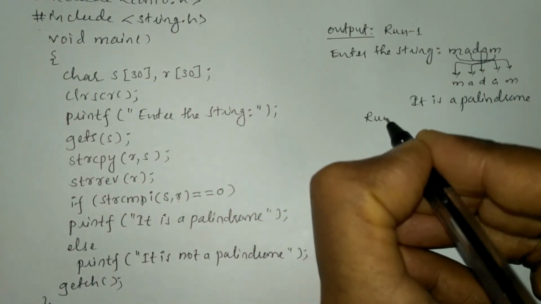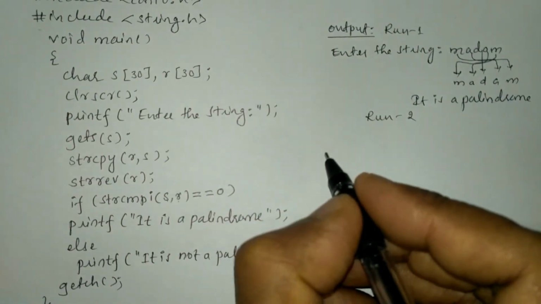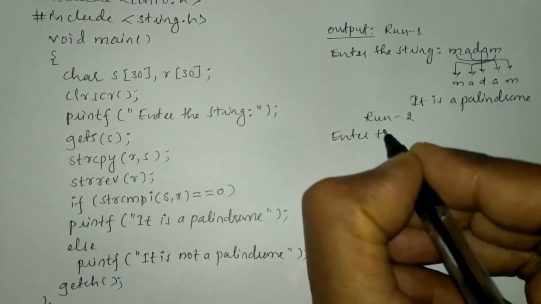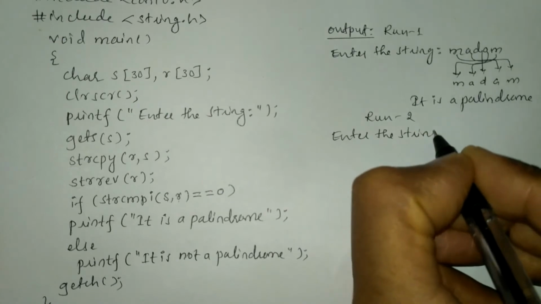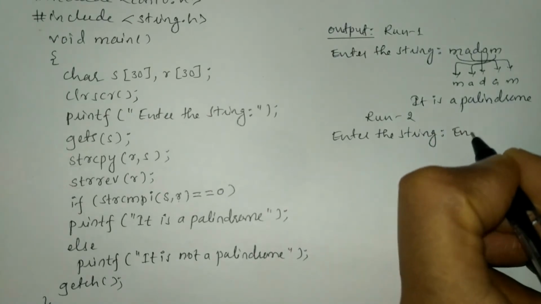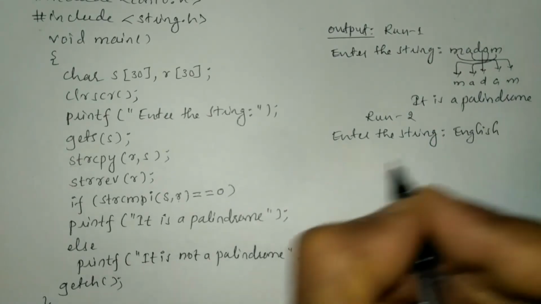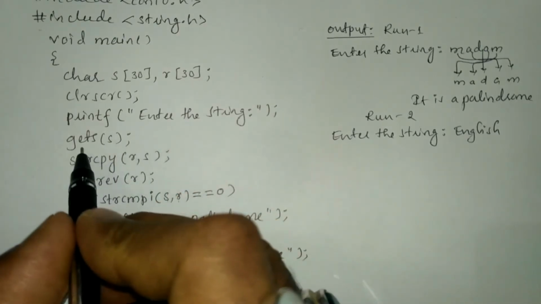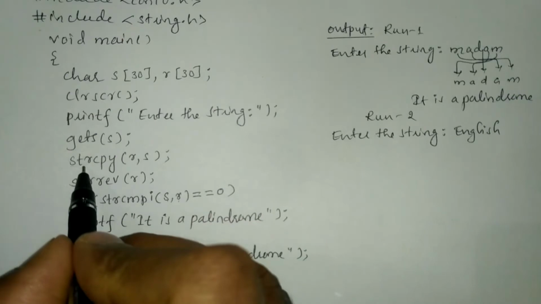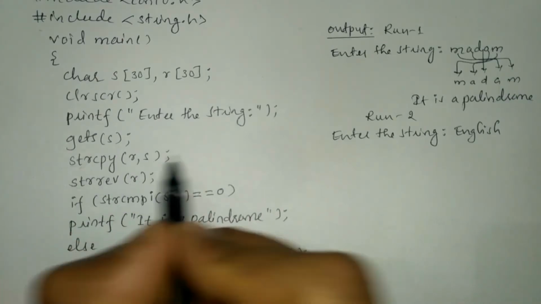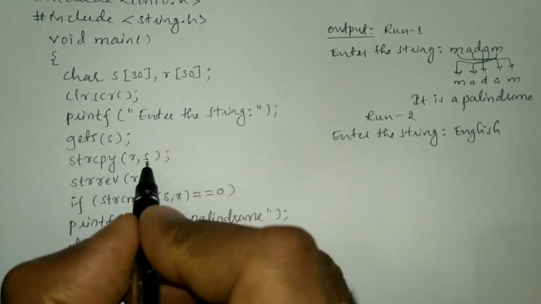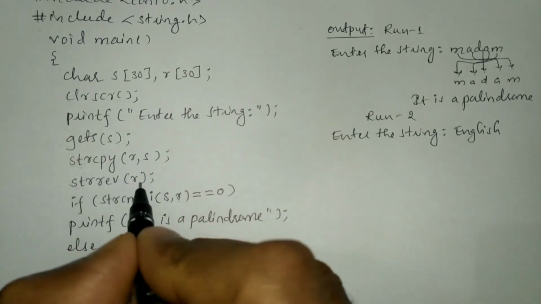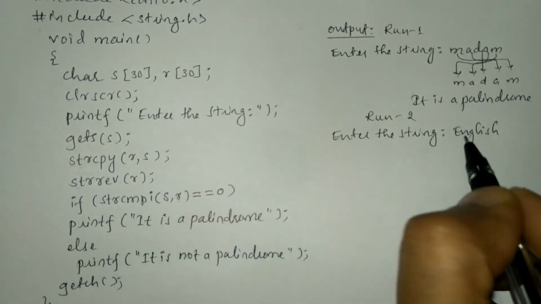So one more time we are going to execute this program. Now once again it is going to ask the user to enter the string. This time I'm going to enter English, for example. Okay, so next the string is received through this gets. Next strcpy. So English is stored in the string and it is copied to the reversed string. strrev, and we are going to reverse this.